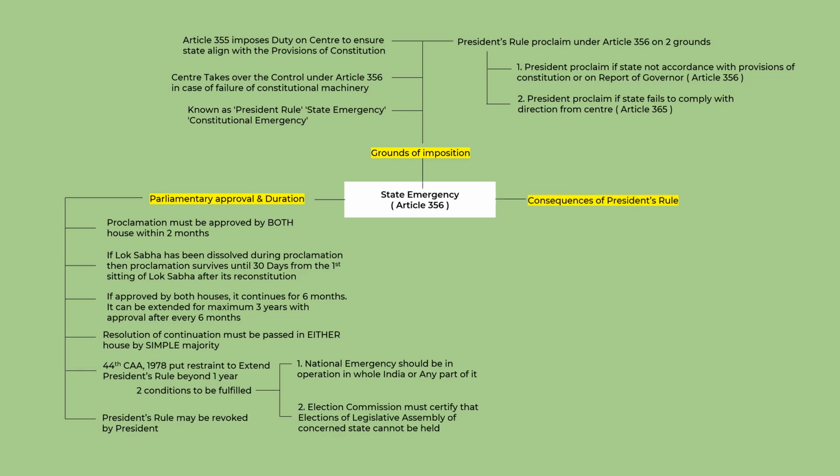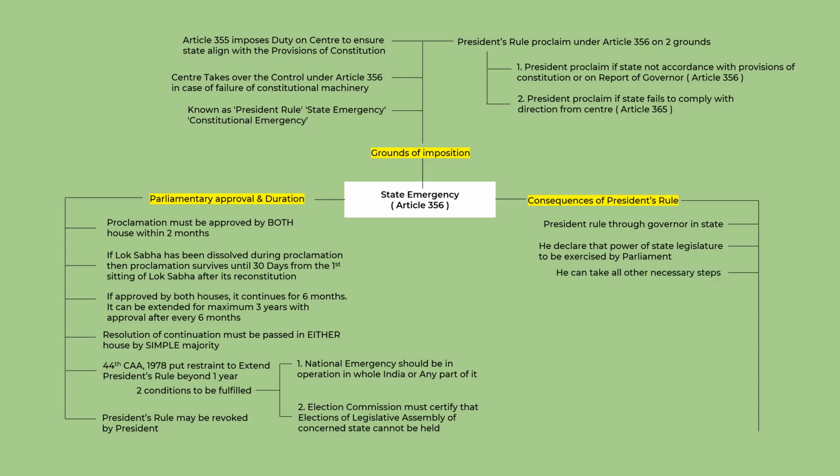Consequences of President's rule. The President rules through the governor instead. He declares that the power of the state legislature is to be exercised by Parliament. He can take all other necessary steps. The President dismisses the State Council of Ministers headed by the Chief Minister.